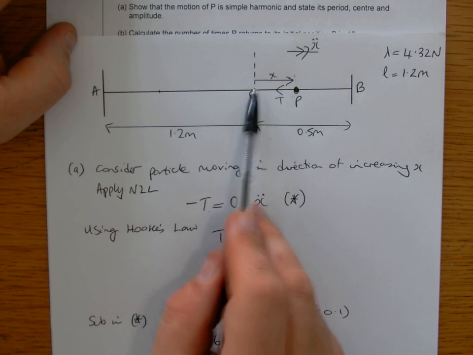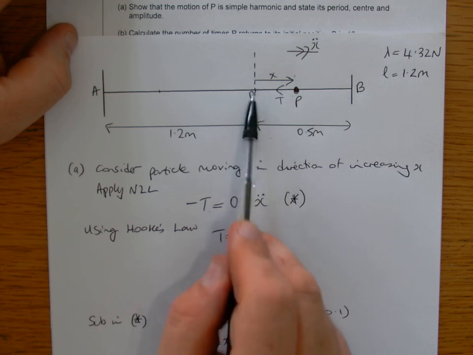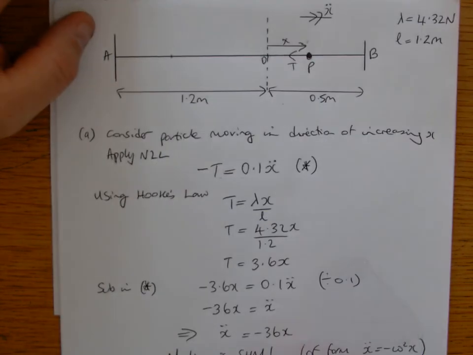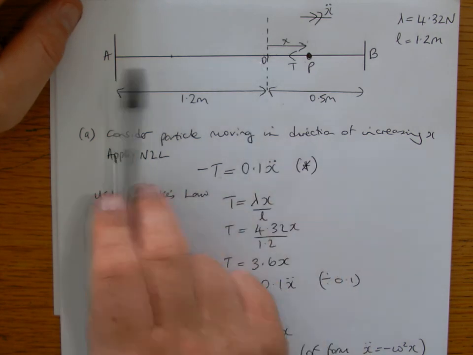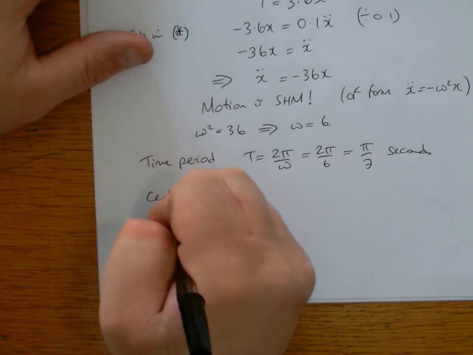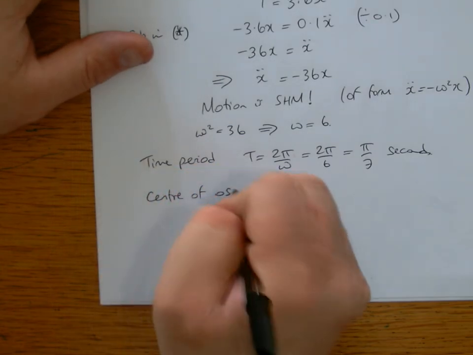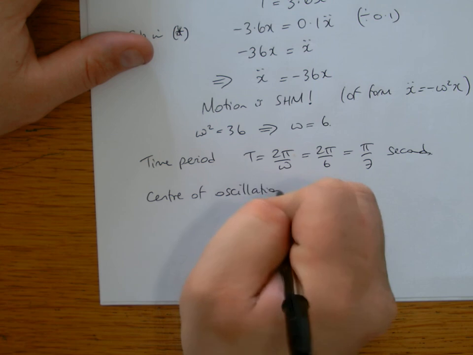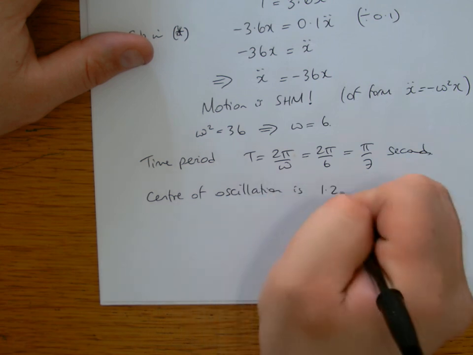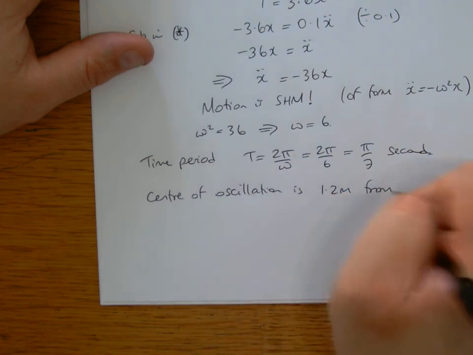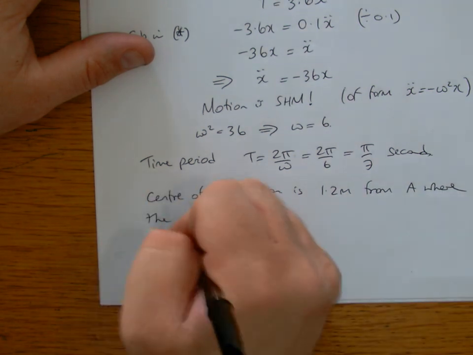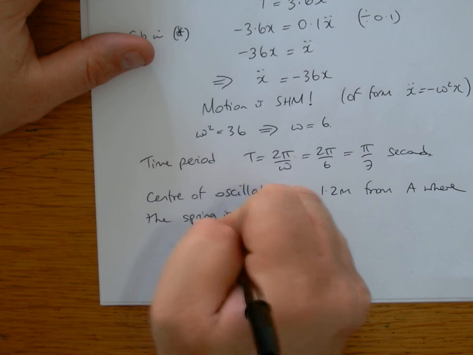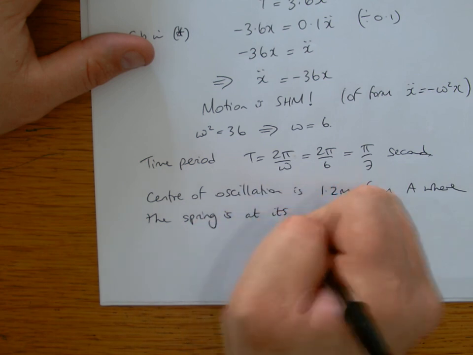It'll want to go back to its natural length. So we can say the center of oscillation is 1.2 meters from A, where the spring is at its natural length.